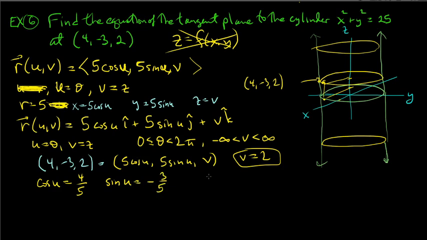So based on that, we can pretty much find what u is, right? It's going to be the arc cosine of 4/5. Wait, do we want that? Let's see. So x is positive, y is negative. Yep, that's right. So the arc cosine of 4/5.